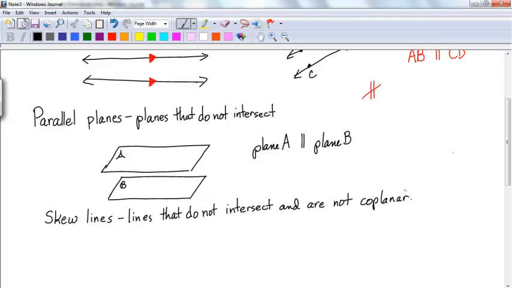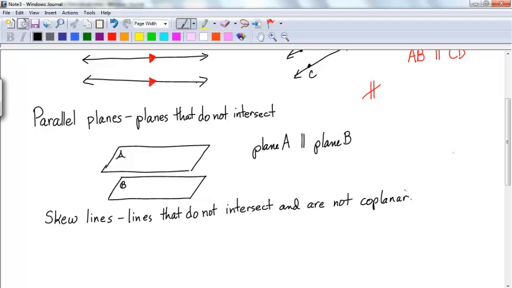For example, it might look something like this. Those two lines are never going to intersect, and there's no way you can get those two lines in the same plane. Think about, as an example, the intersection of the two walls over there as a line, and the intersection of the floor and the wall over here. There's no way those are going to intersect, and they don't lie in the same plane. Those are what they call skew lines.